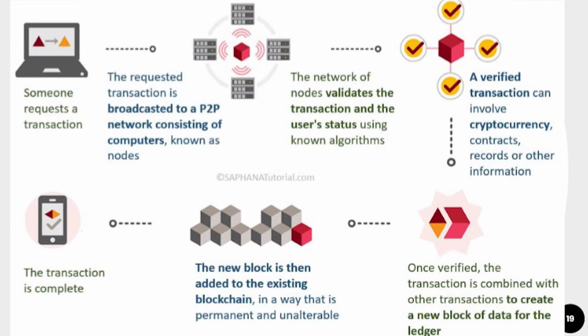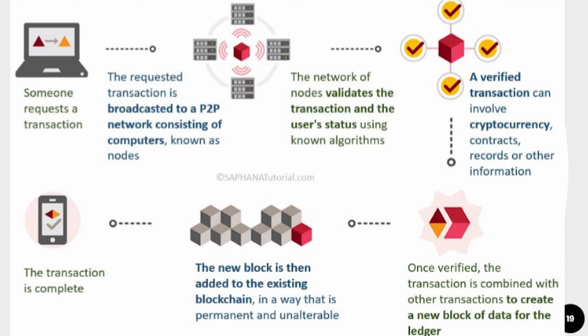So, in summary, the whole picture is that when someone wants to perform some transaction, like a transfer of money, that request will be broadcasted to the network, and the network will validate the transaction using the algorithm, the method that it performs.